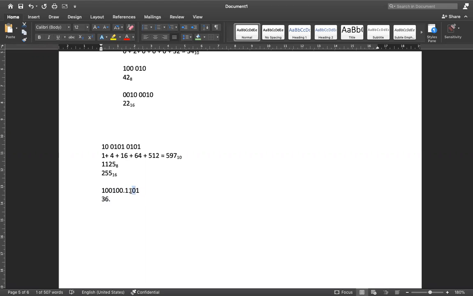Here 0.125 no, 0.0625. So altogether you have to add this decimal 1 plus 0.5 plus 0.25, 0.125 you don't have, but you have 0.0625. So altogether it is 0.75 plus 0.625.